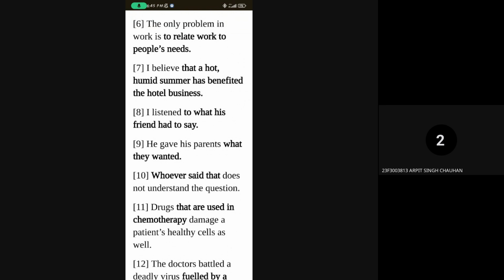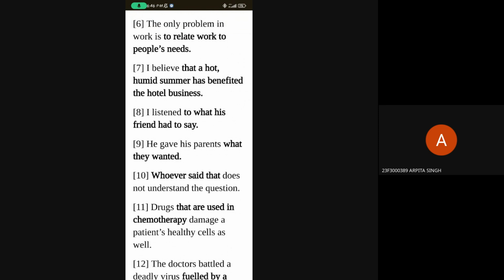No. Adverbial? It doesn't tell you anything about manner, place, time, anything, right? So you can ask the question: I believe what? I believe that a hot, humid summer has benefited the hotel business. You can ask the question what, so it has to be a noun clause.